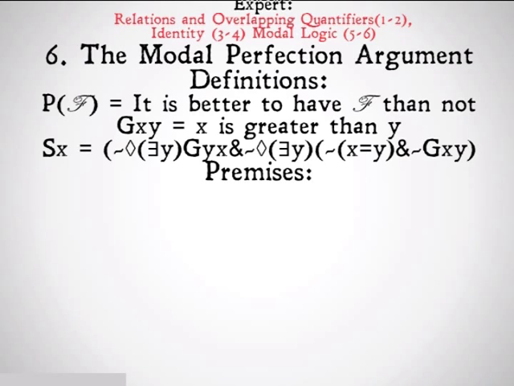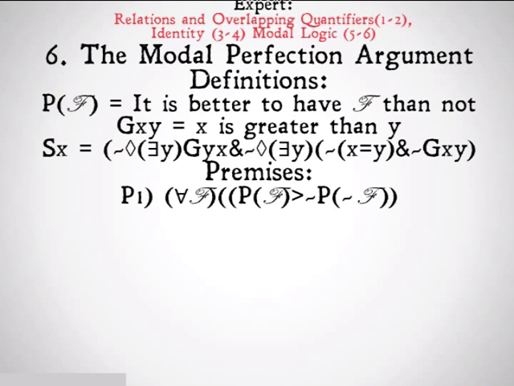Next, we have our premises, the premises we're going to work off of. First premise: for all F, for all properties F, if F is a perfection, that implies that it's not the case that not F is a perfection.